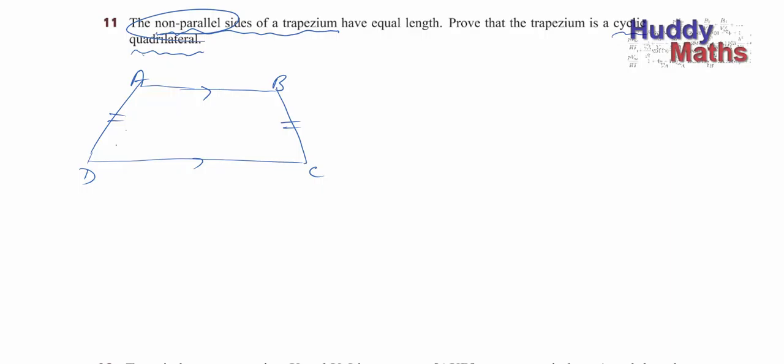And we've got to prove, I'll put this down more formally now, prove that the trapezium ABCD is cyclic. And I guess we might try to use one of the 2: a pair of opposite angles supplementary, or one side subtends equal angles on the same side.